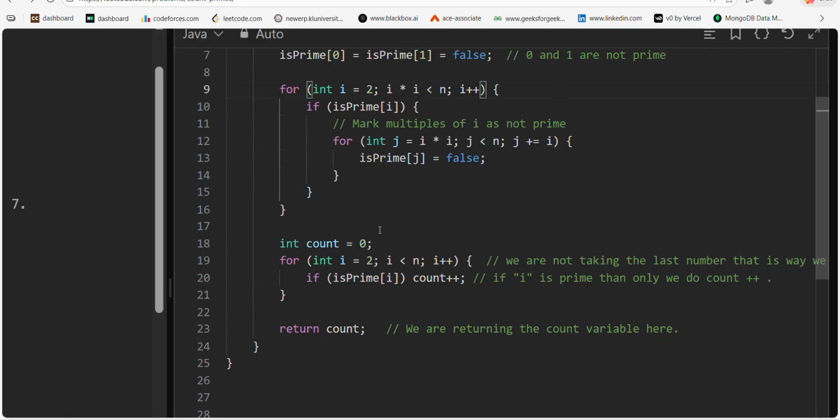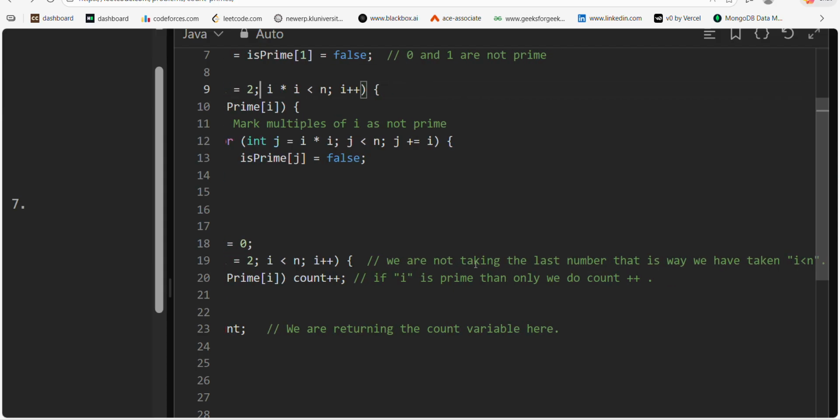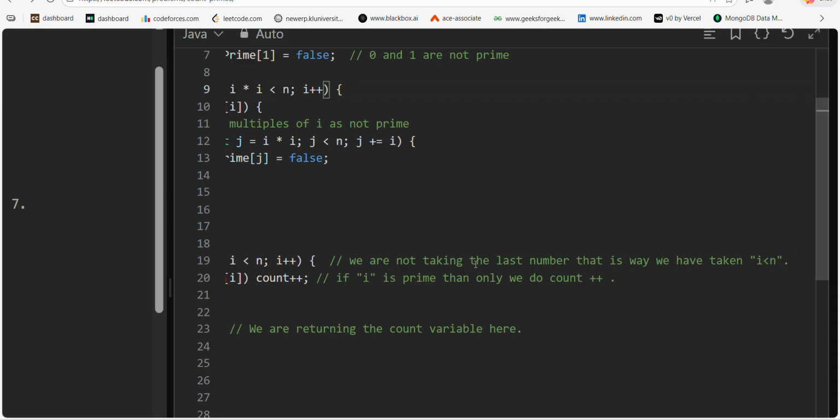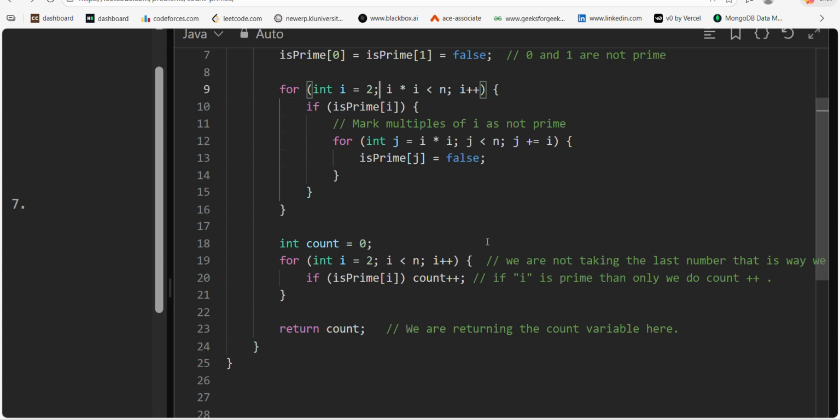After that, we initialize one count variable in which we store how many numbers are prime. So here i equals 2, i less than n, i plus plus. We are not taking the last number, which is why we use i less than n.